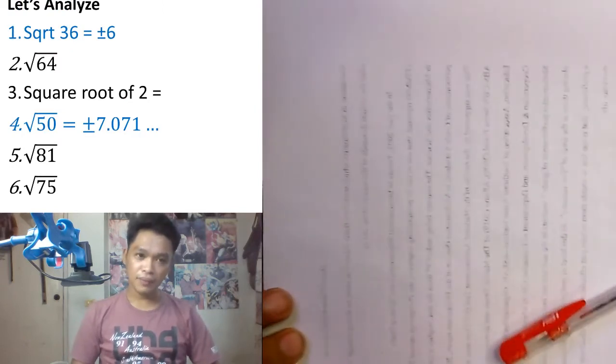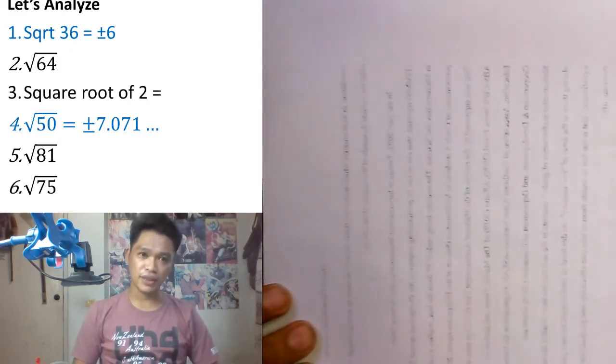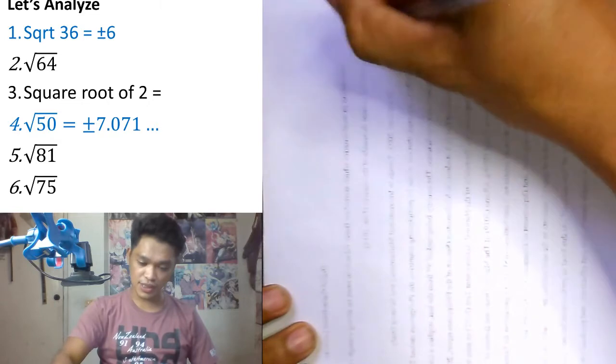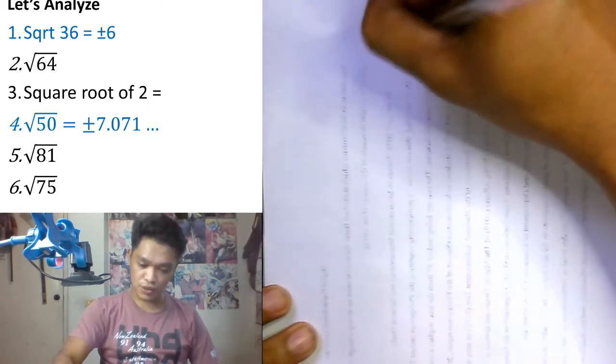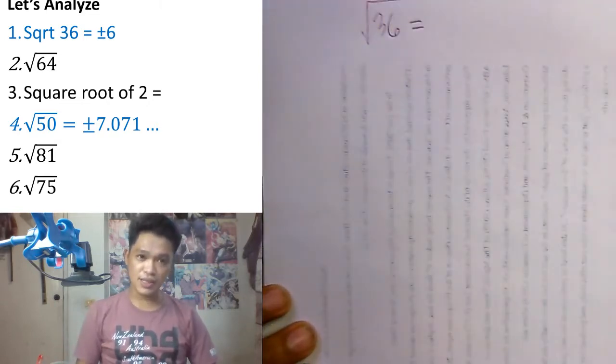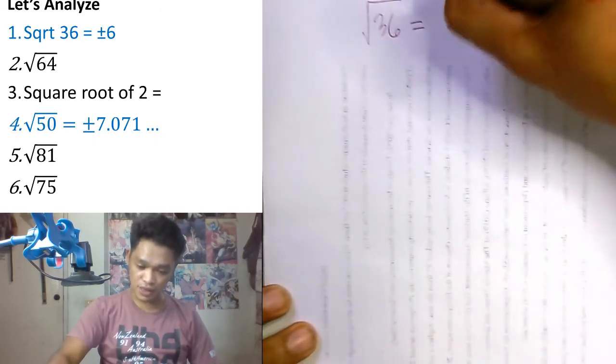Let's analyze the square root of 36. SQRT can be read as square root. Let's begin with number 1. The square root of 36: the answer is plus or minus 6. Where did we get this?